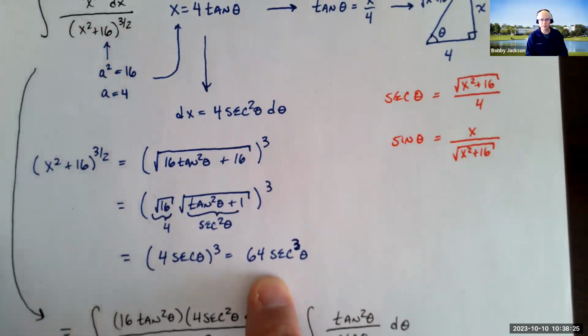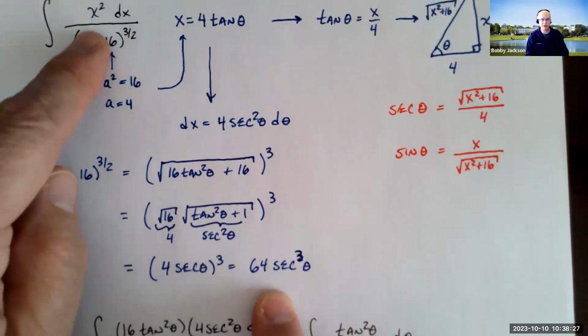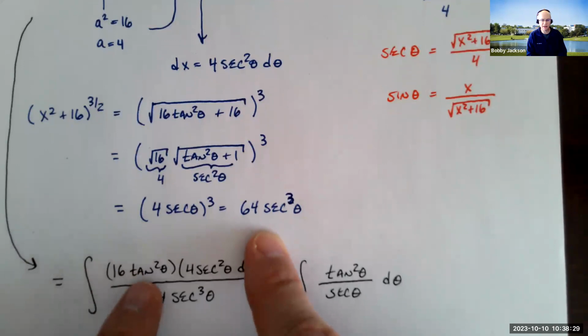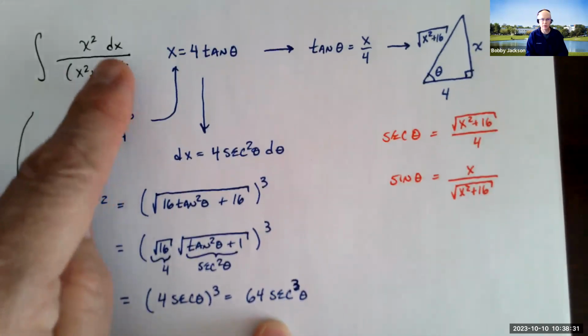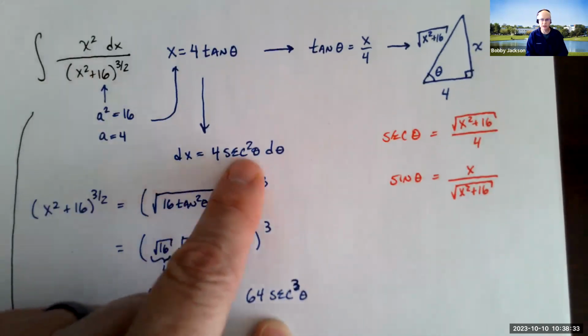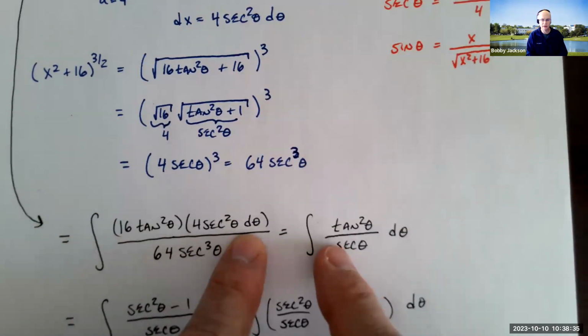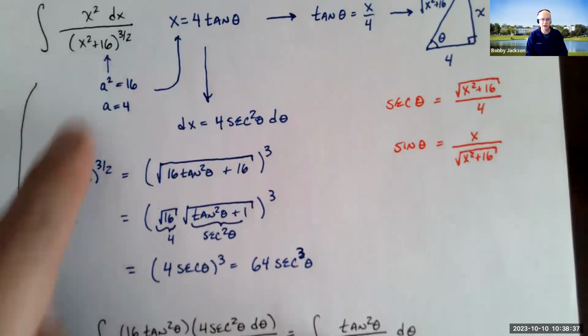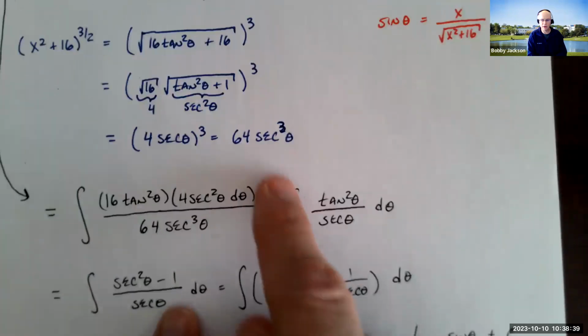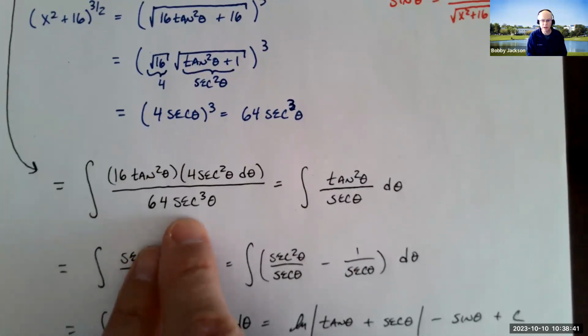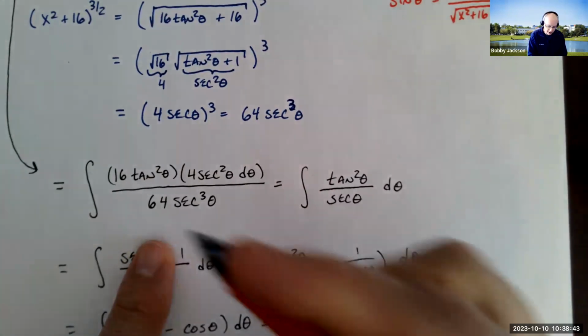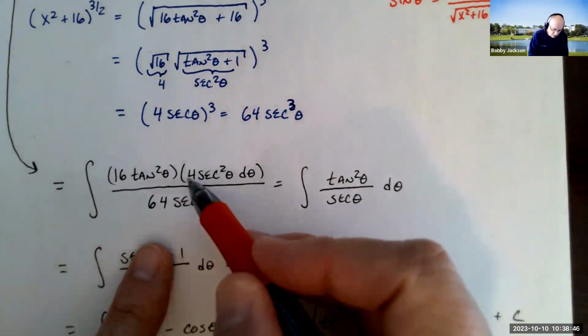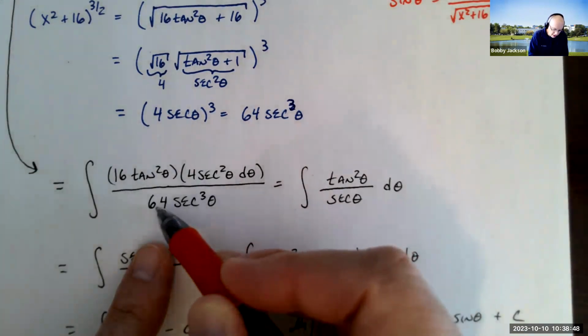Okay, so x squared again is 16 tangent squared theta. Don't forget the dx. dx is 4 secant squared theta d theta. And then, as we said, this stuff down here, x squared plus 16 to the 3/2 power, is 64 secant cubed theta. Let's simplify. Notice 16 times 4 is 64, divided by 64.